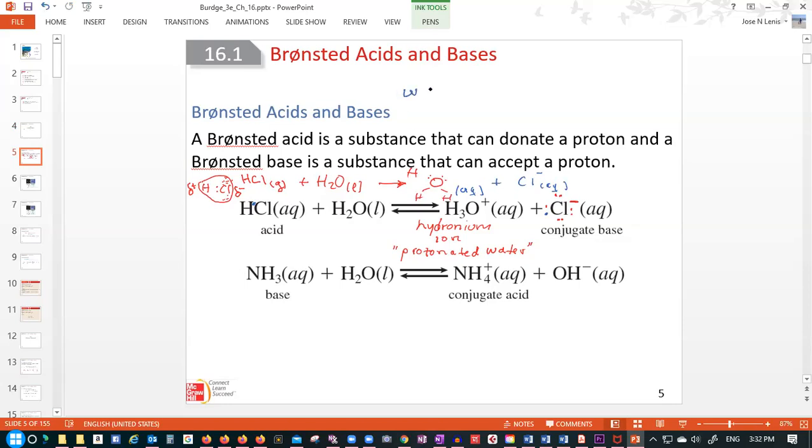We said water is the universal solvent for all acid-base reactions due to the special properties of water, the polarity of water, and the amphiprotic properties of water that we are going to discuss later.